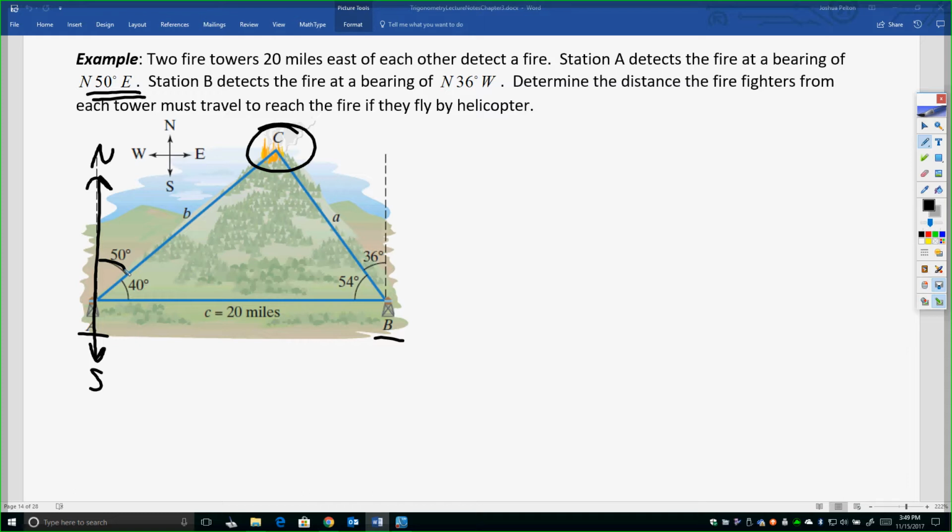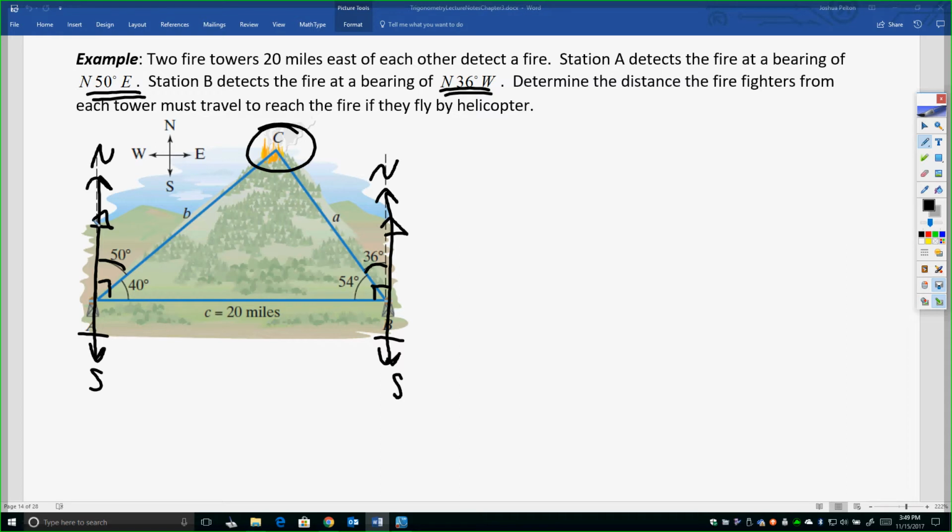And this is your other one for B, which is north 36 degrees west. Right, that's right there. But again, do not take the bearings as the angles in the triangle, which is a common mistake. You either draw the triangle and figure them out from there. So I know this must be 90, because every compass is parallel, so an east-west line must be perpendicular from there.